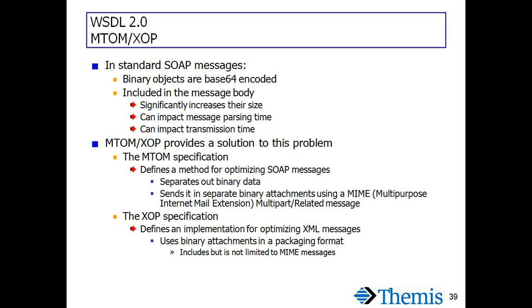It attaches them, what they call MTOM. It basically attaches them, as you can see, as a separate binary attachment for what's called MIME, multi-purpose internet mail extensions. Think of attachments in your emails. So CICS is sending out the SOAP documents along with these binary attachments. That's been one of the major enhancements, right, in the recent version of CICS. So I can send or receive.